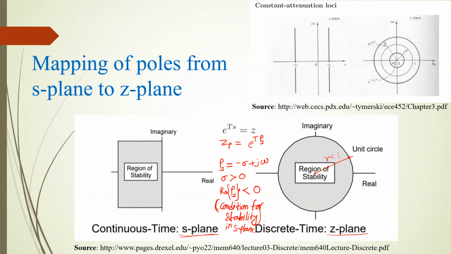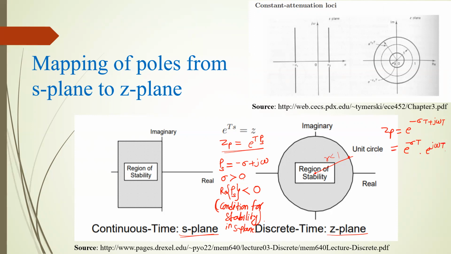Now we would like to simplify this Zp using the expression of Ps. So Zp we can write as e^(-sigma T + j omega T), and we can separate this as e^(-sigma T) times e^(j omega T).